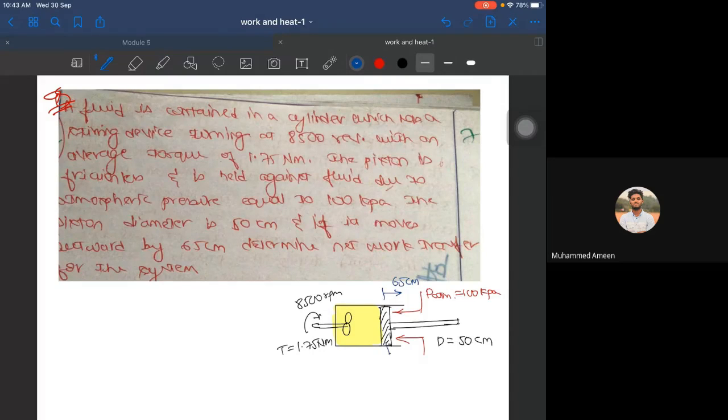The number one is using an agitator. You are giving work input to the system. You are working on the system. That is one work.